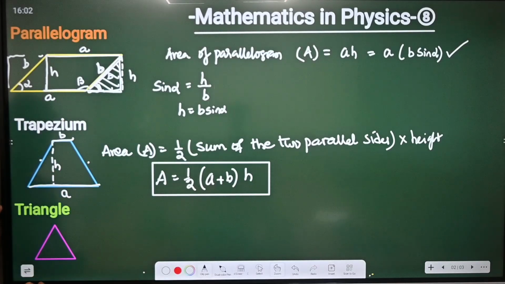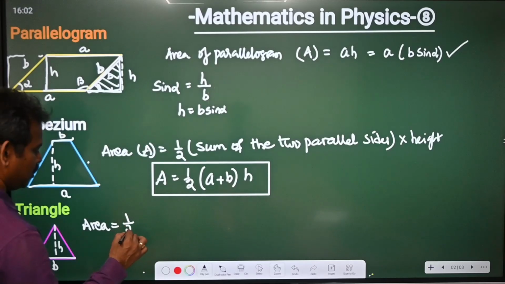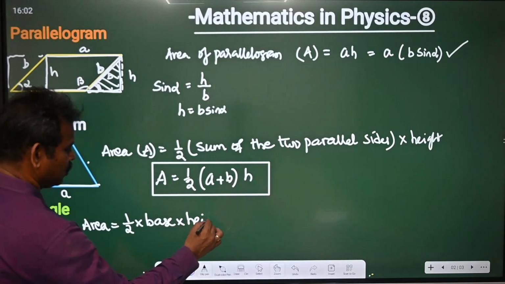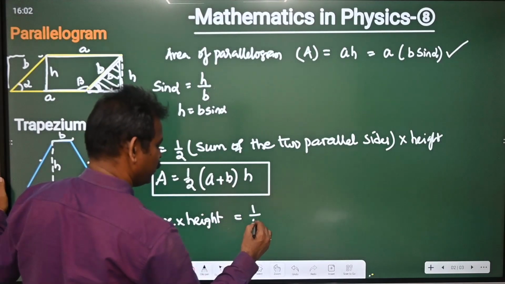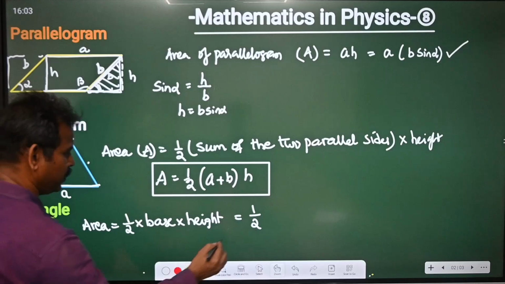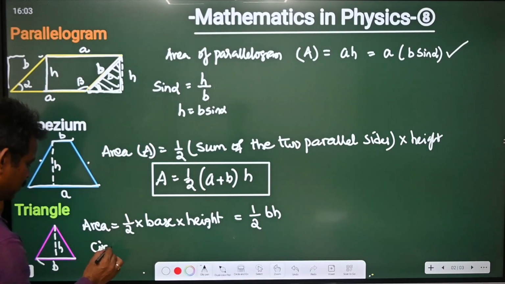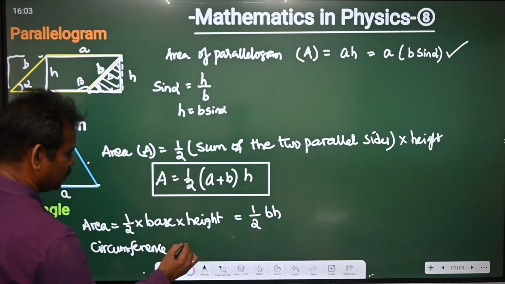Now, if you take the triangle, let us say this triangle height is H and the base is B. Area of triangle is given by half into base into height, simply we can write half into base B, height H. Similarly, sometimes they may ask you to find out the perimeter of a triangle.